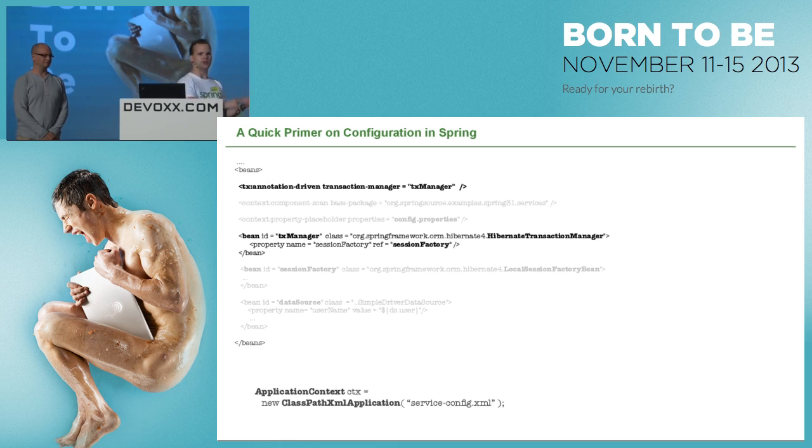So JDBC, JPA, Hibernate, AMQP, JMS, yeah, exactly. Gemfire, yeah, exactly. There's Neo4j, a lot of different transactional resources out there. Spring codifies all of them in one hierarchy, so you don't have to worry about switching, and JTA, of course. I think even Redis. Yeah, Redis, wow. Some NoSQL stores. Yeah, exactly. So you'd be surprised how many different ways you can express transactions without using the same API.